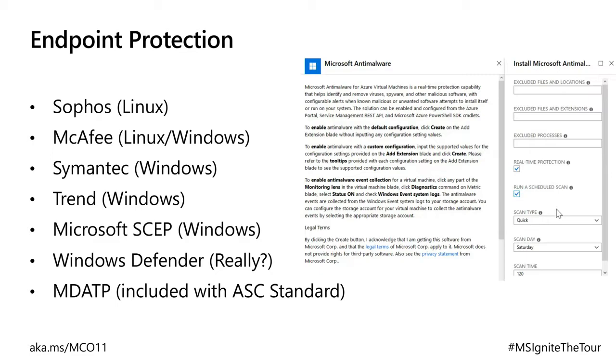Endpoint protection. Go and deploy endpoint protection with your VMs. Work out what works for you in terms of endpoint protection. And don't tell me, well, it's running Linux, it doesn't need any antivirus software. Okay? You can go with Sophos for Linux, McAfee, Linux or Windows, Symantec for Windows, Trend for Windows, Microsoft System Center Endpoint Protection for Windows, Windows Defender, I mean, really?